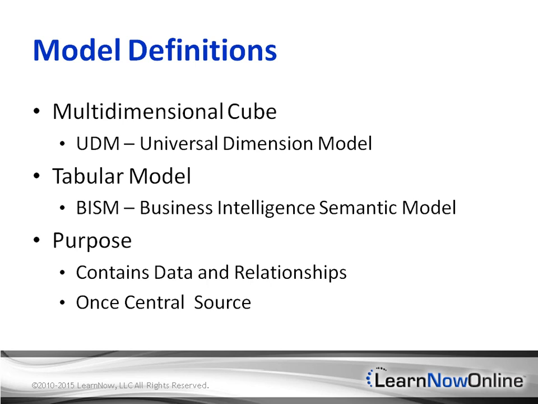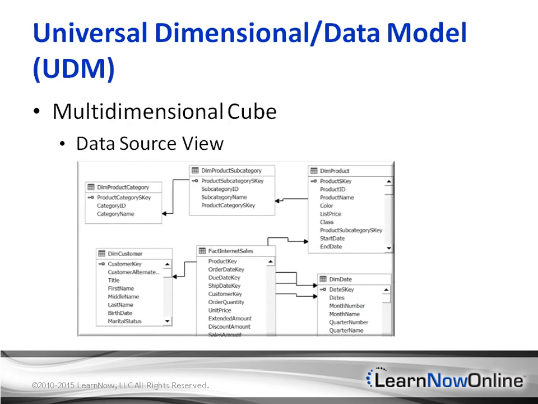The Universal Dimensional Model, or Business Intelligence Semantic Model, have the exact same purpose: store the data sources and relationships in one central place. Here is the data source view from the multidimensional cube. The data source stores the connection string, while the data source view, which you are looking at, stores the tables and their relationships.